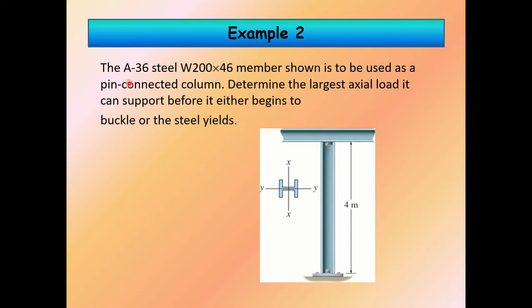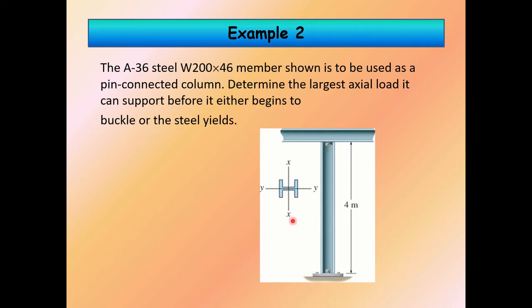Second example: an A36 steel W200 times 46 member is to be used as a pin connected column. You need to determine the largest axial load it can support before it either begins to buckle or the steel yields.